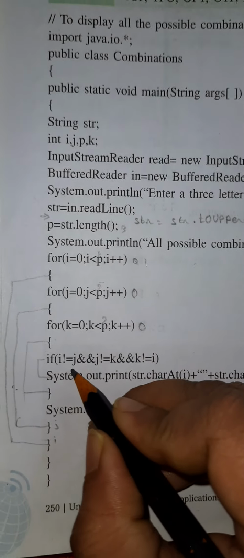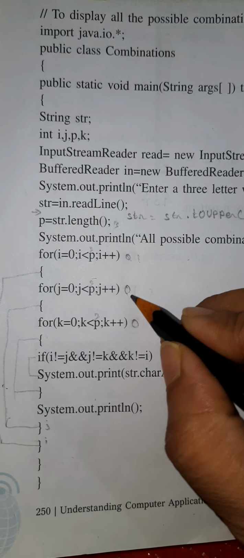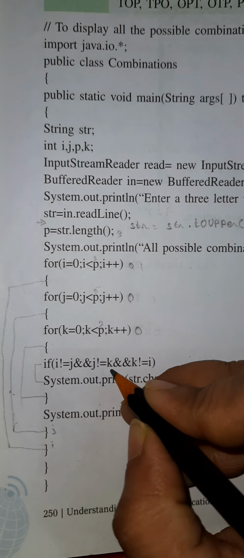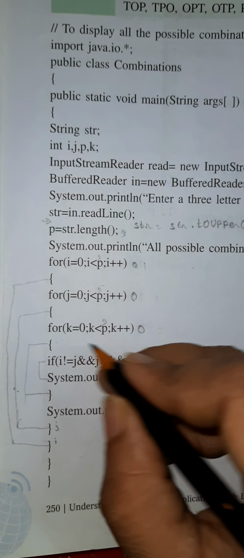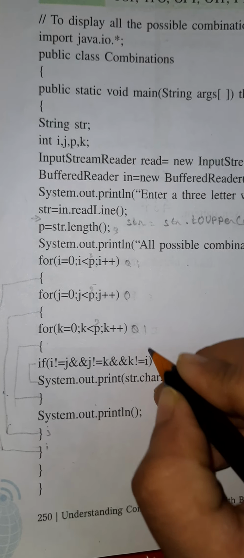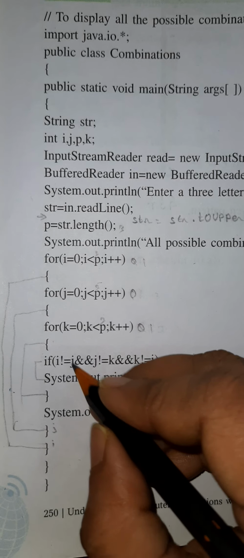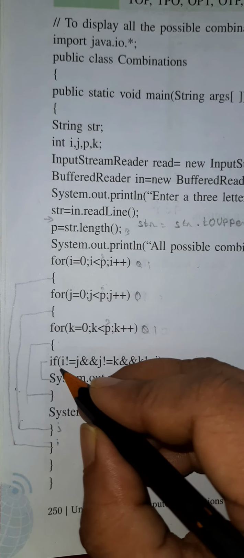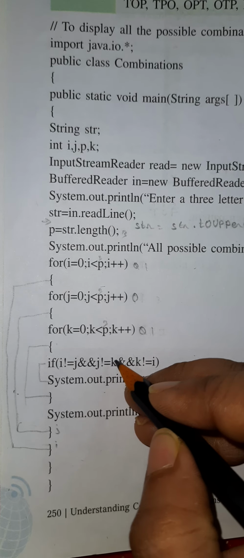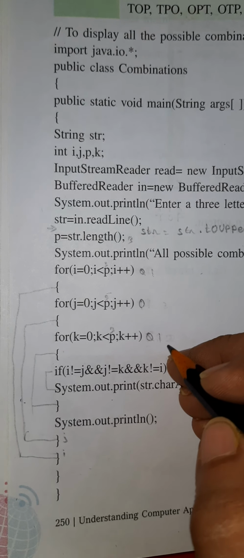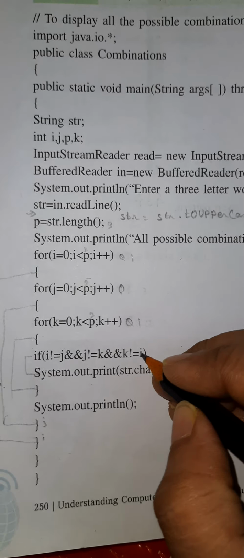So now I is not equal to J. Yes, I is not equal to J. J is not equal to K? J is equal to K. Condition false. So here it will come. Now K is 1, so the condition is true. It will come here. I is not equal to J. Condition true. J is not equal to K. Condition true. K is not equal to I?